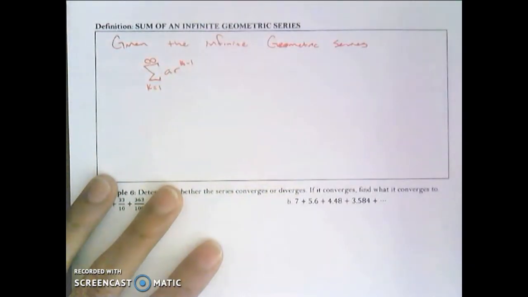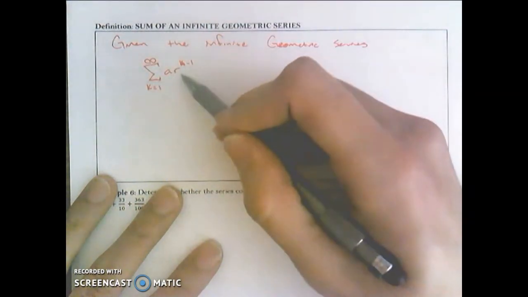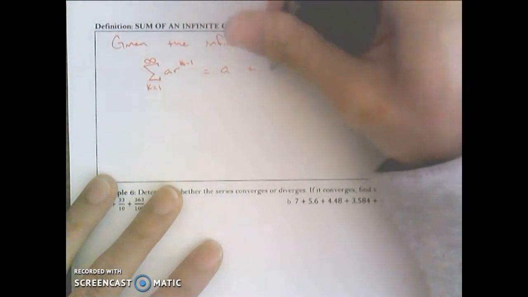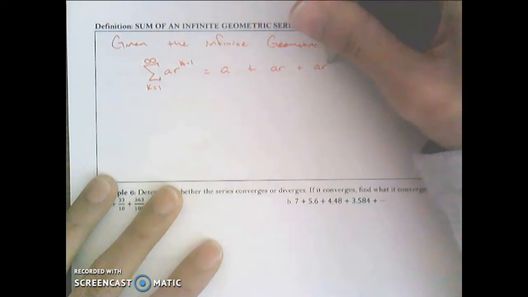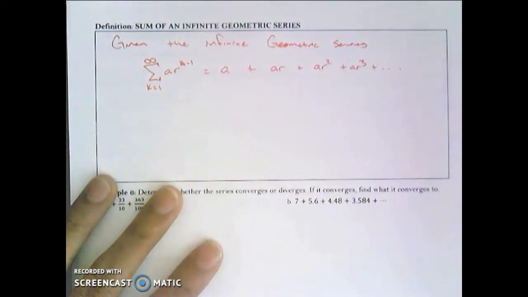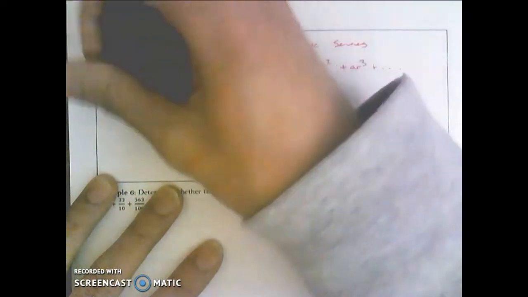This is an infinite sum because we're taking the sum of infinitely many terms. Writing this out, this would be a plus ar plus ar squared plus ar cubed, and so on. That continues infinitely.